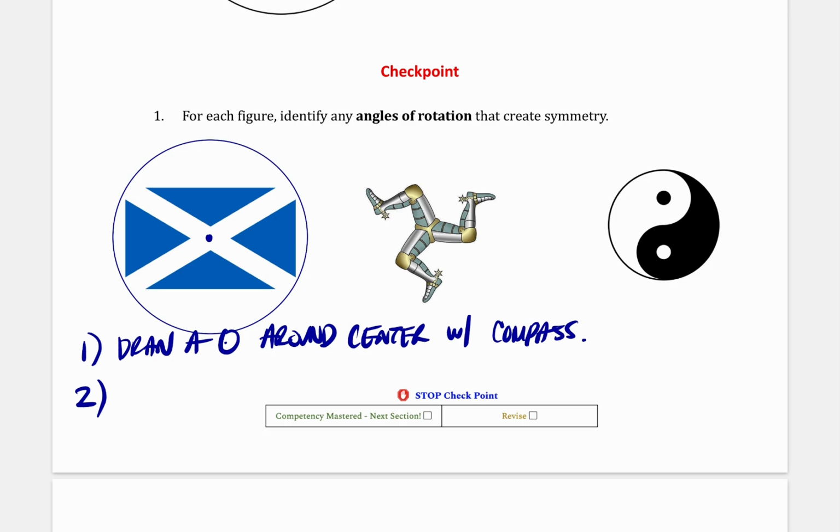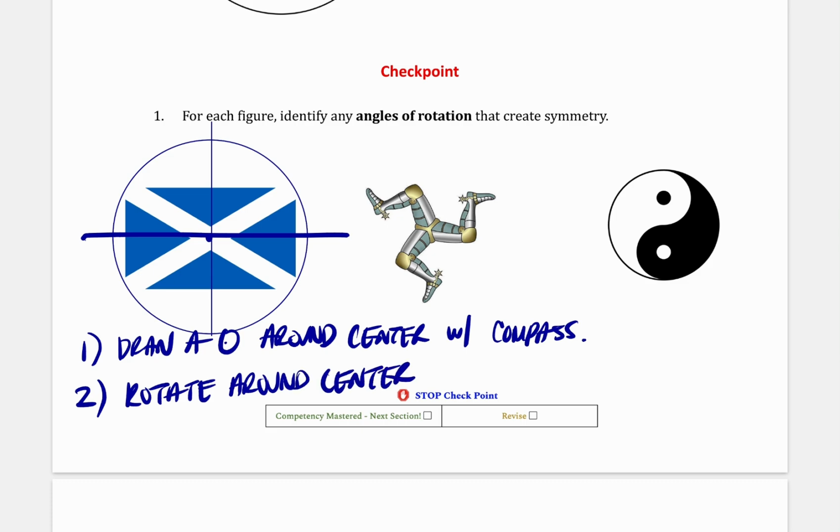Then you can divide it into 4 sections. We know a circle has 360 degrees. So rotate around center by 90 degrees.